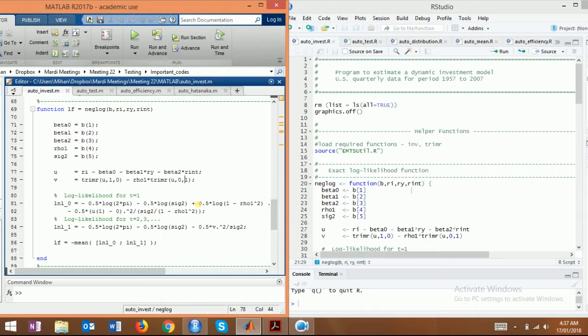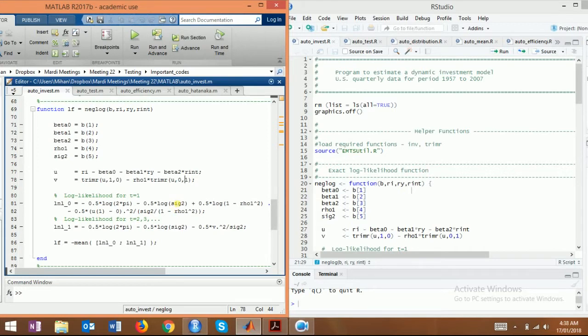And the log likelihood function for t equals 1 is the full log likelihood function, which is minus half log twice pi minus half log sigma square plus half log 1 minus rho square minus 0.5 u square, where this is u1, the first element of u, divided by sigma square over 1 minus rho square.